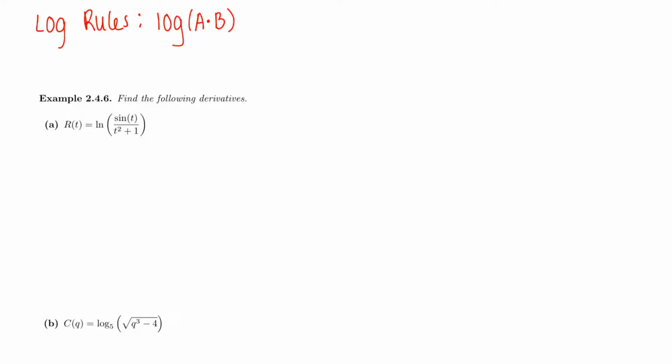If you have log of a times b, then this can be split up into addition on the outside. So multiplication on the inside turns into addition on the outside: log a plus log b. If you have log of a raised to the c, that exponent can come down in front, and you can just leave it as c times log a.